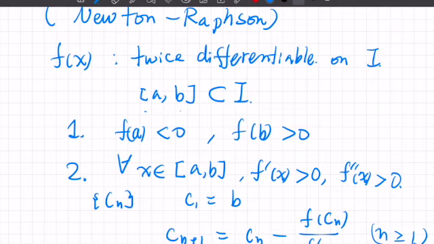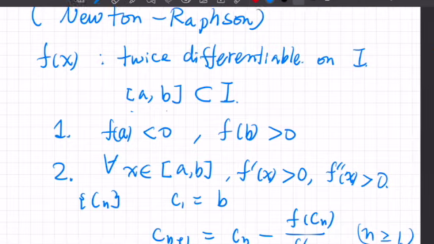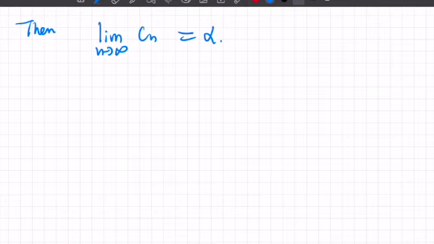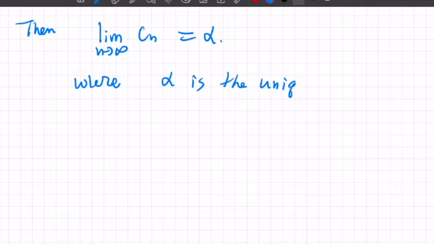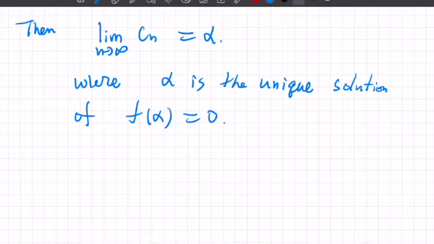Then this sequence actually converges. Then this sequence converges to alpha, where alpha is the unique solution of f alpha is equal to 0.